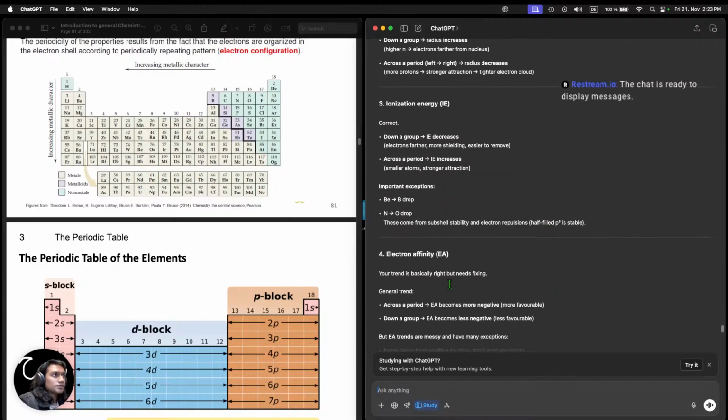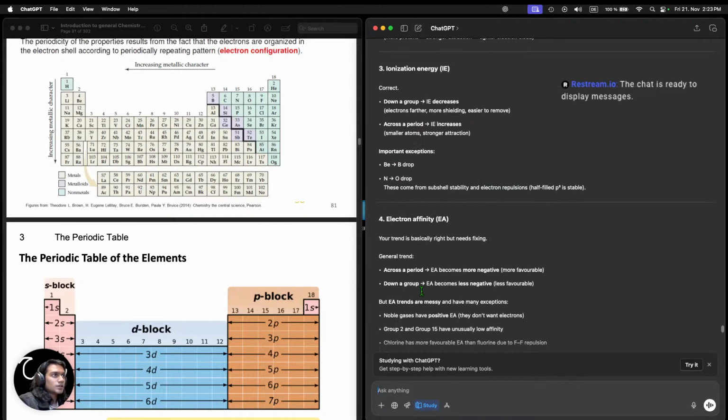Electron affinity. This trend is basically right but needs fixing. Across a period, EA becomes more negative, more favorable, or less negative, less favorable. Wait, from left to right, atomic radius decreases.